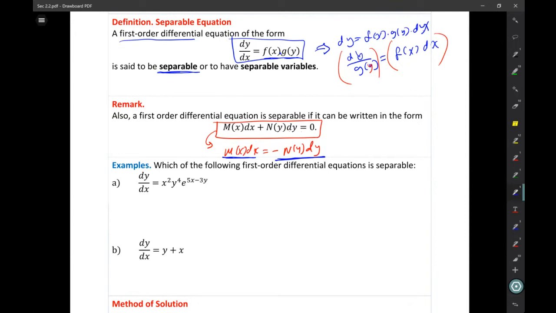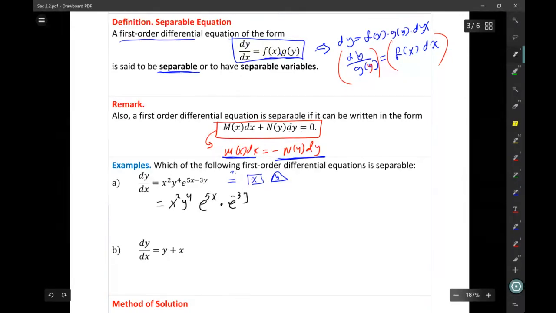When we say that dy by dx is equal to x squared y to the power 4 e to the power 5x minus 3y, now I have to ask myself, can I write this one as a function of x times another function with respect to y? Let us see. What I know is that I can use the properties of exponential. So this becomes x squared y to the power 4 e to the power 5x times e to the power minus 3y.